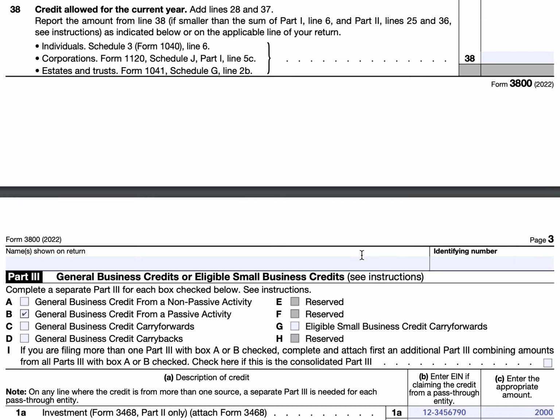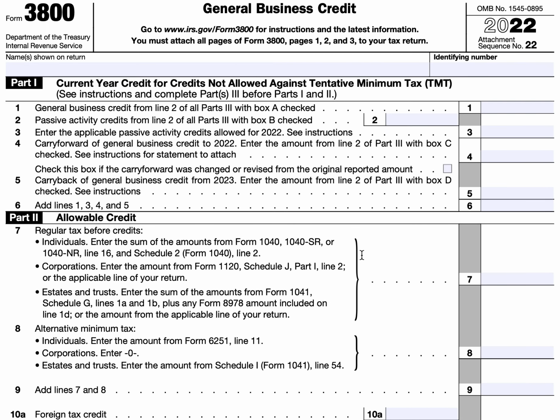So now that we've calculated the amount of tax credits that we may be able to claim, we've got to go to the top of the form to calculate the amount of tax credits that are allowed in the current year based on our tax liability.